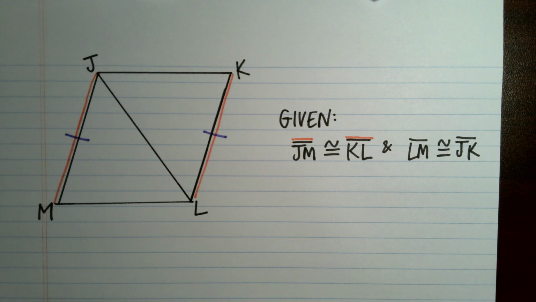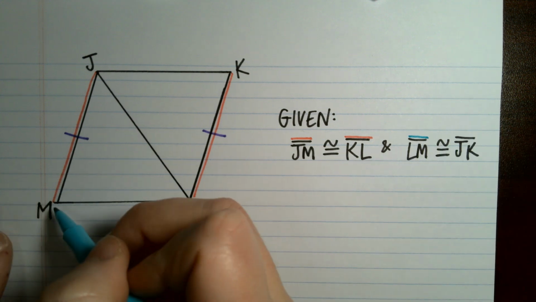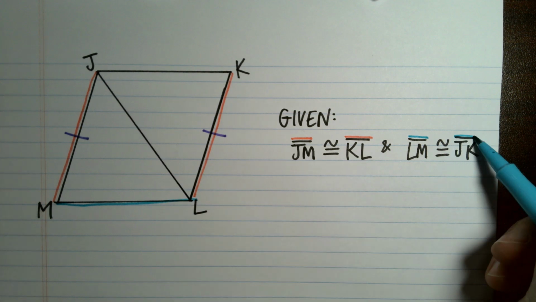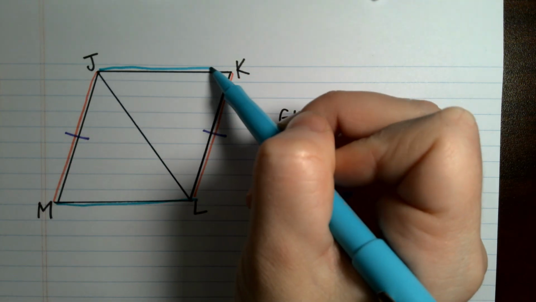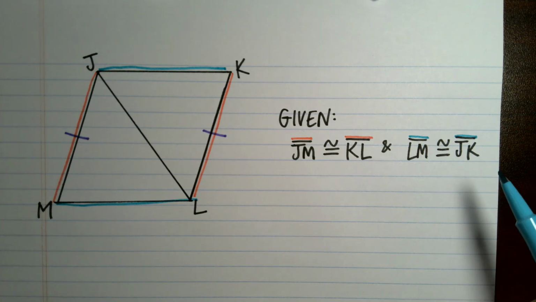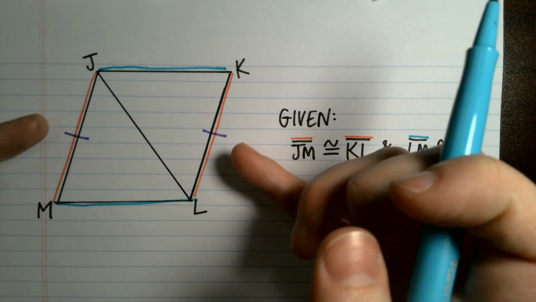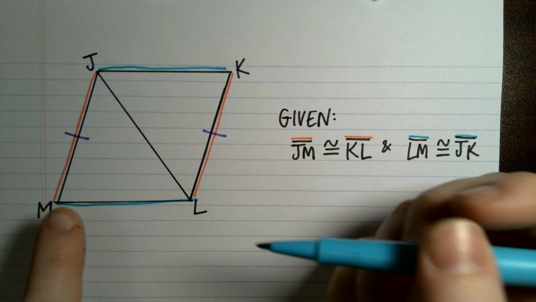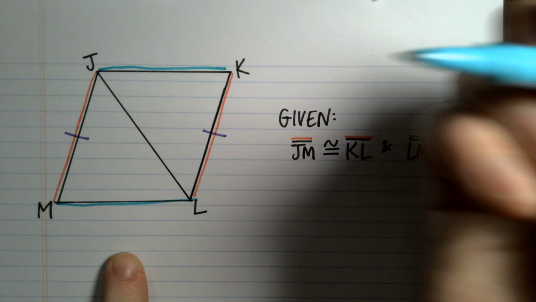We're going to do the same thing for the other ones we were given. Where is LM? At the bottom. Good. JK? At the top. Beautiful. So they tell us that these are congruent. We already used one tick mark to show that the others were congruent, so now we're just going to use one more.